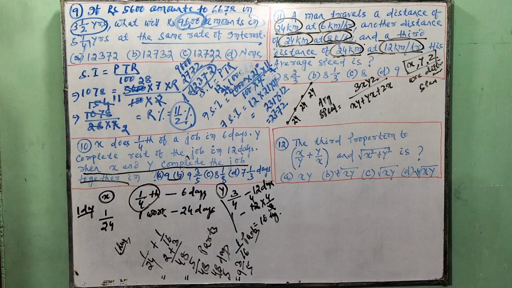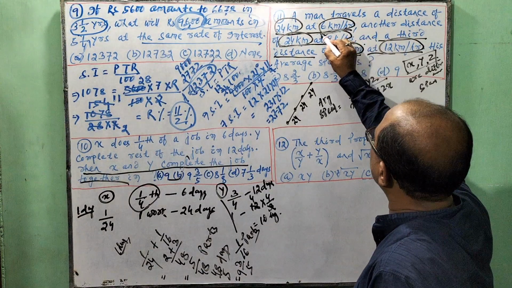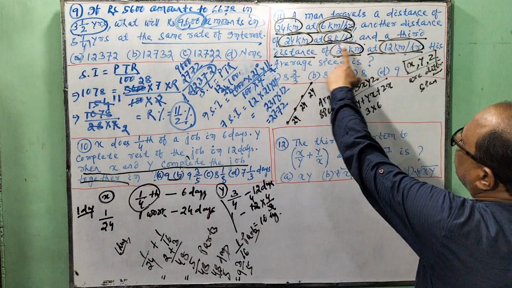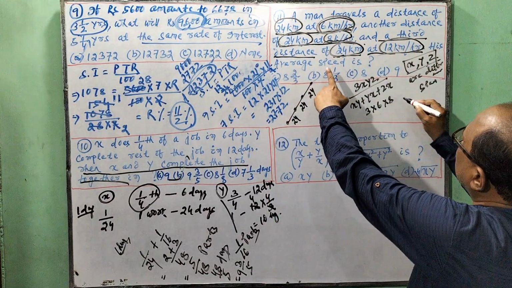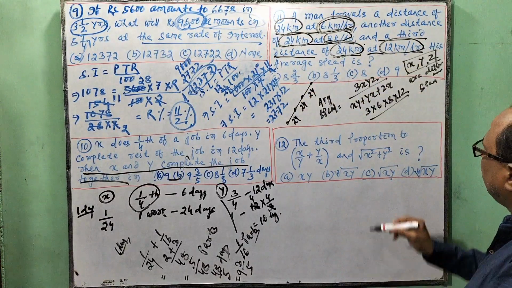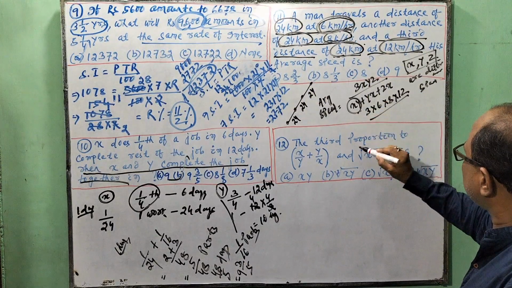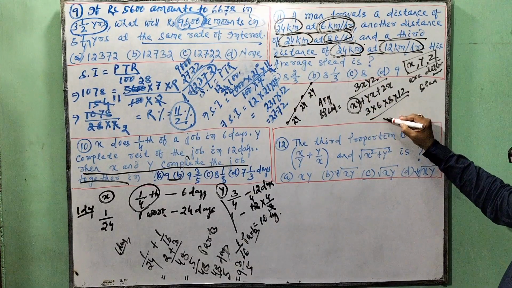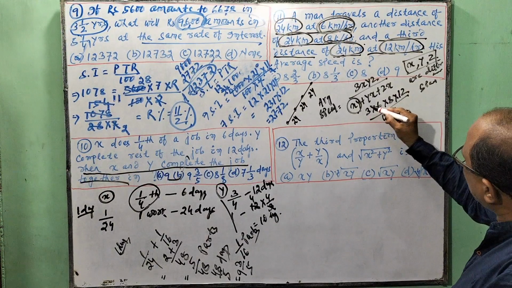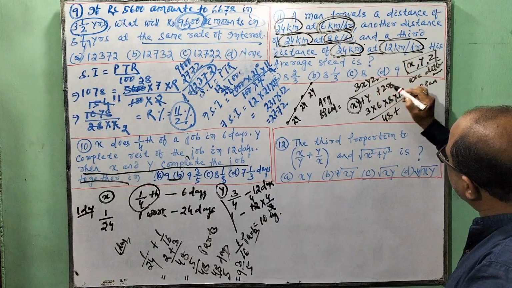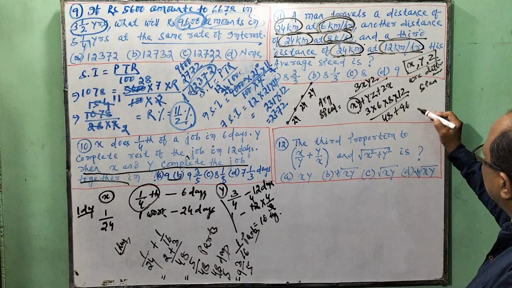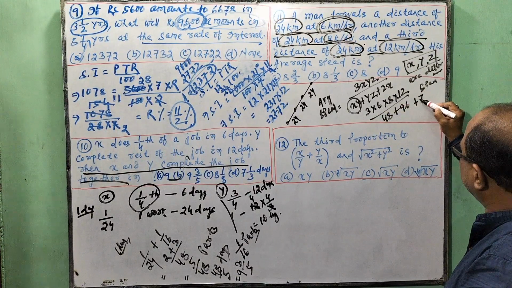So x is 6 km per hour, y is 8 km per hour, z is 12 km per hour. The denominator is xy 48, plus yz 96, plus zx 72.